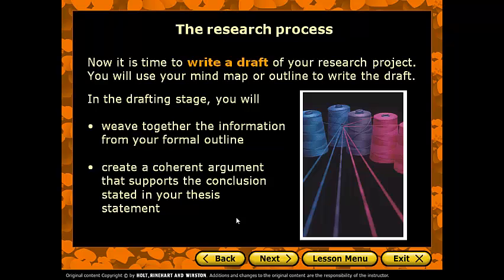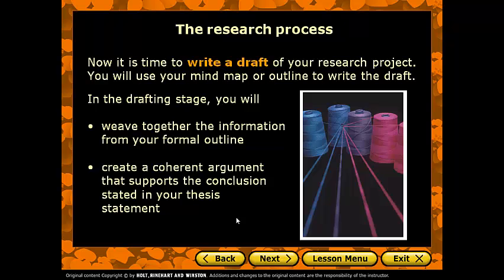Then in each of our body paragraphs, we'll have a TECH paragraph where we have a topic sentence, we have commentary and evidence, and a clincher sentence. And then in our conclusion, we will wrap it up or tie it up with a restatement of our thesis statement and ideas and some kind of extension.